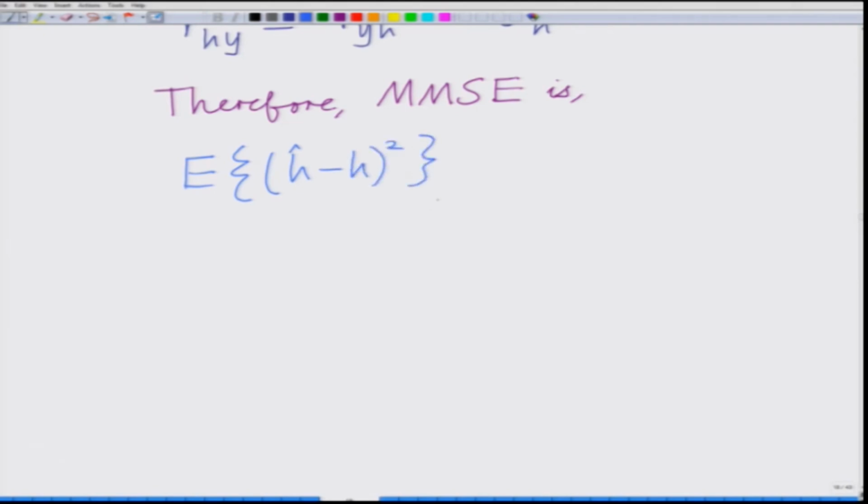therefore, the MMSE is, you have expected value of H hat minus H square, this is equal to the MMSE, that is the minimum mean squared error.